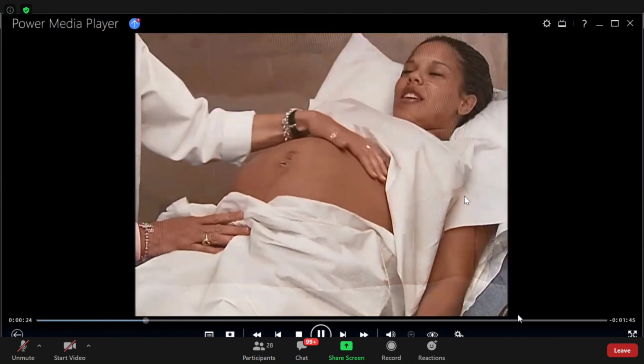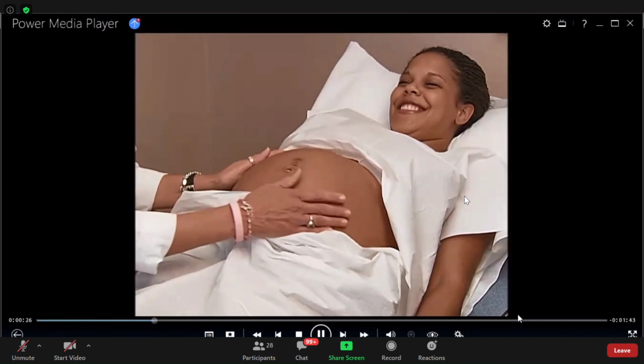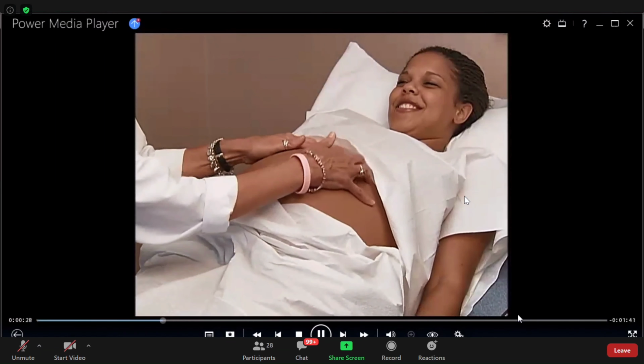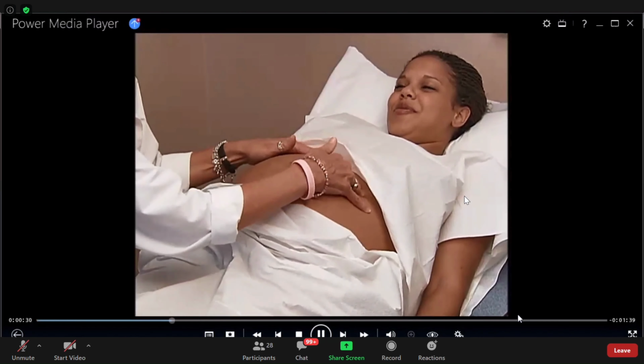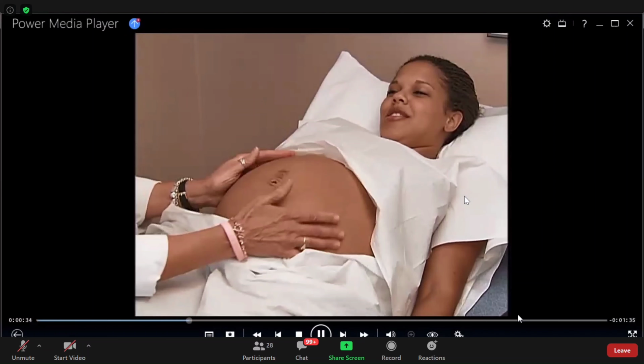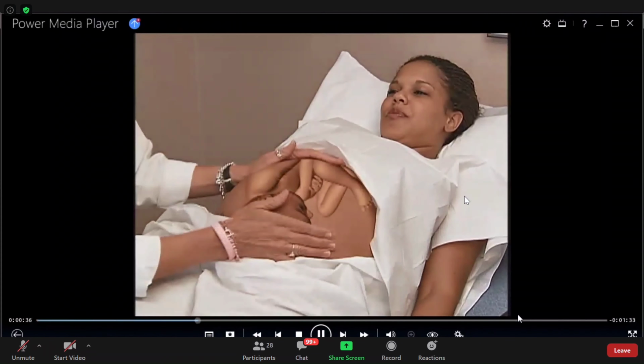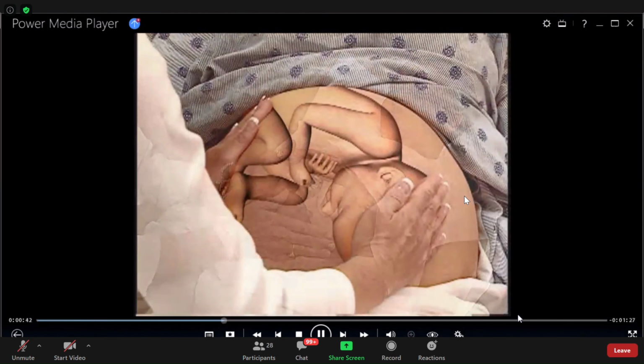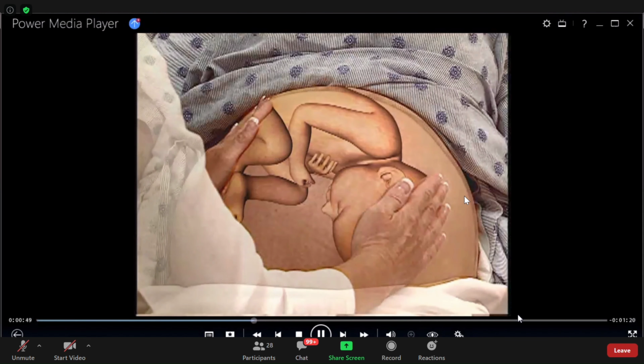To do this, lightly palpate the woman's upper abdomen and identify the fetal part in the fundus. If the part feels relatively soft and irregular, you're palpating the buttocks. If the part feels round, firm, freely movable, and ballotable, you're palpating the fetal head. If you feel the head or buttocks in the fundus, the lie is longitudinal. Otherwise, the lie is transverse.